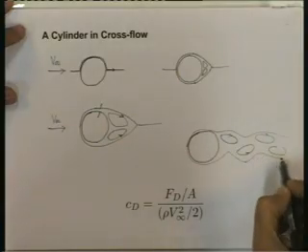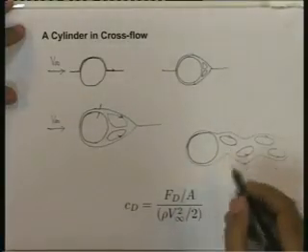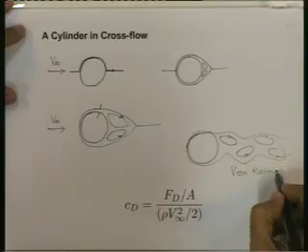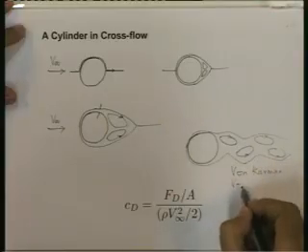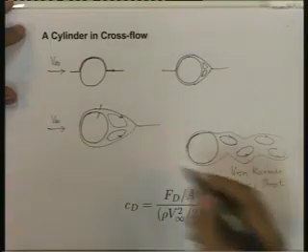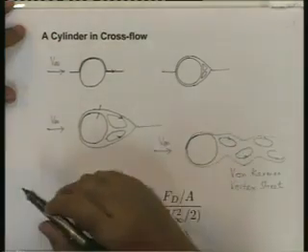Another eddy will form on the other side and separate from the cylinder, and so on. This is what is known as the von Karman vortex street, which occurs at reasonably large Reynolds number.